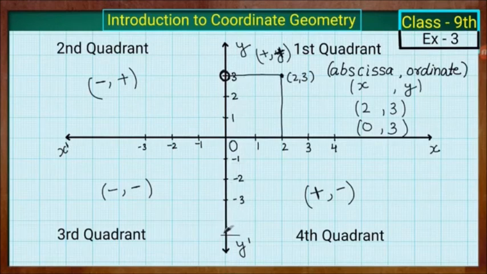Remember that if the ordinate y is 0, the point lies on the x axis. Next example, 2 comma 0: x is 2 and y is 0, so you mark the point 2 comma 0.